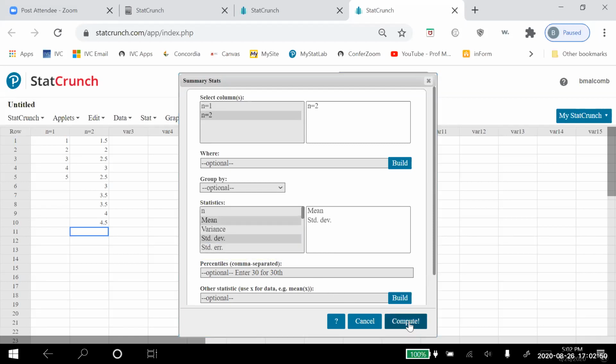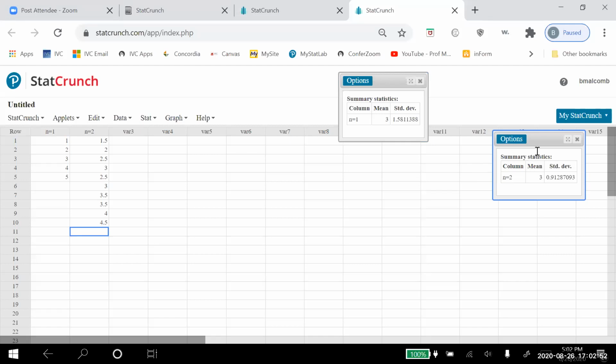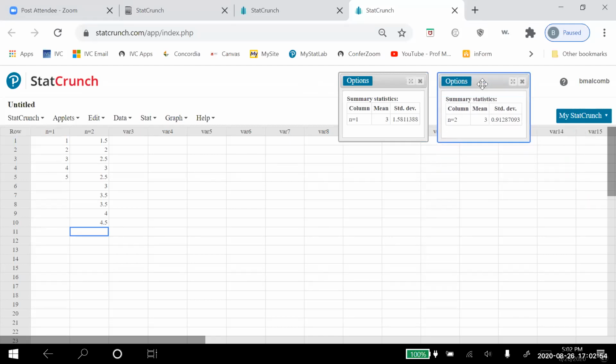If I compute that, oh, look what happens now. I have the exact same mean, but my standard deviation is smaller. So the standard deviation gets smaller when you're taking samples of a larger sample size. Okay, so we're going to use that idea and talk about specifically what's happening.